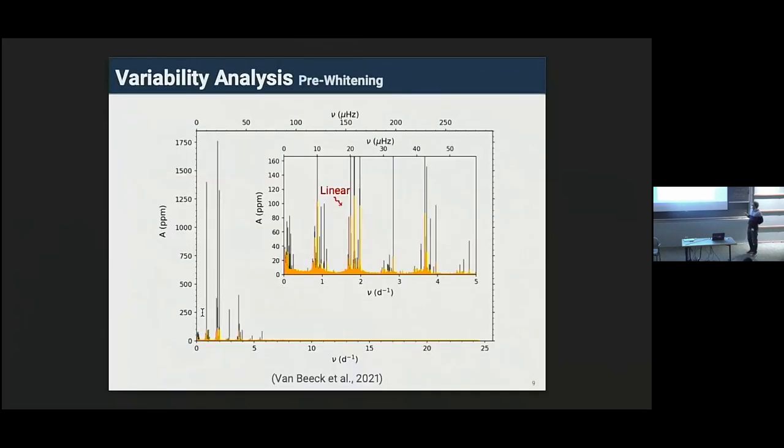So an example of such a Lomb-Scargle periodogram, in fact I'm showing you two Lomb-Scargle periodograms in one, is the following, where this gray periodogram is the periodogram of the original light curve, and the orange one is the one we still retain of the residuals that we retain after pre-whitening.